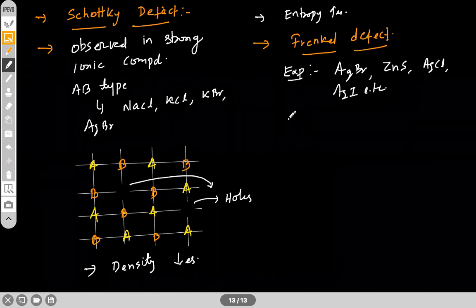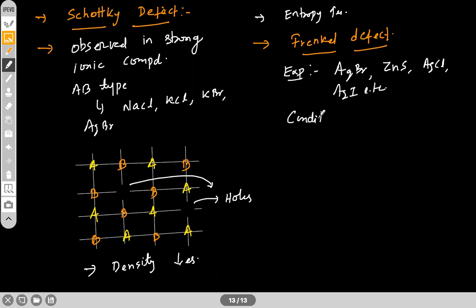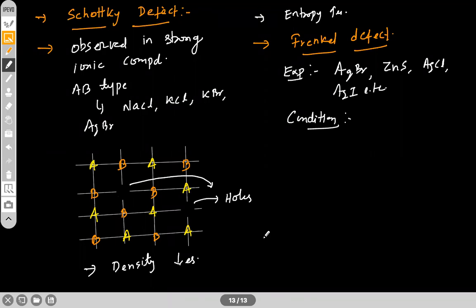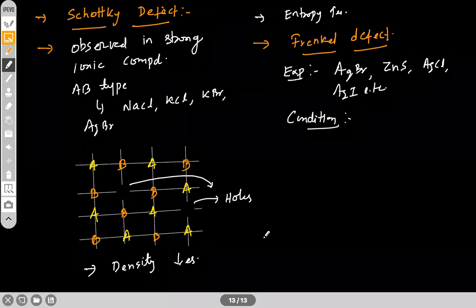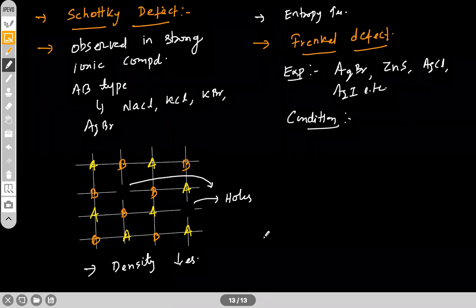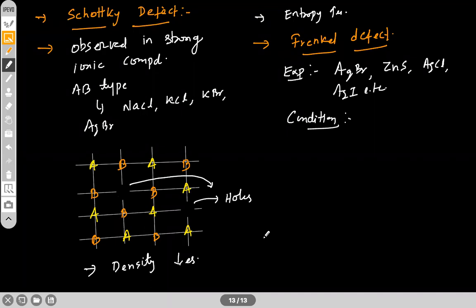The condition for this defect, write down. The coordination number should be low. And the size of anion should be bigger than the size of cation.